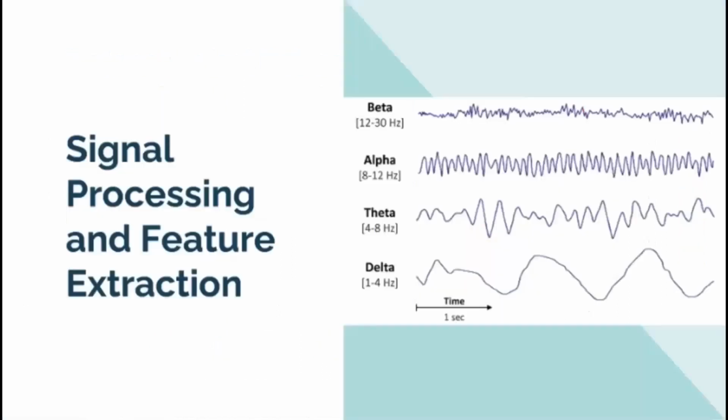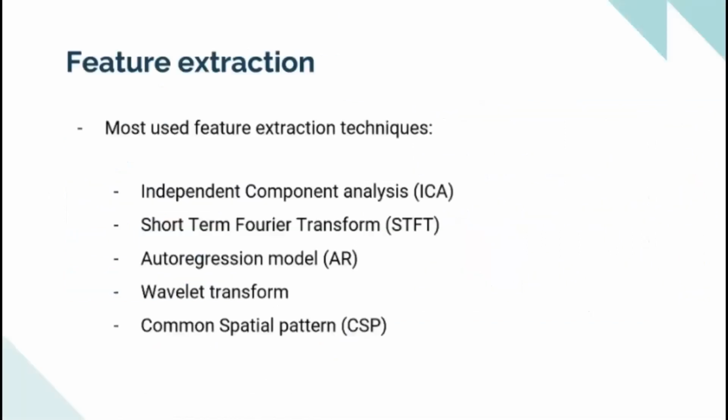Okay, so now I will discuss the feature extraction methods that we chose from. The most widely used feature extraction methods in the field of EEG signal classification are the independent component analysis, which reduces a large multivariate signal into smaller additive components. There's also the short-term Fourier transform, which provides the time-localized frequency information for situations in which frequency components of a signal vary over time.